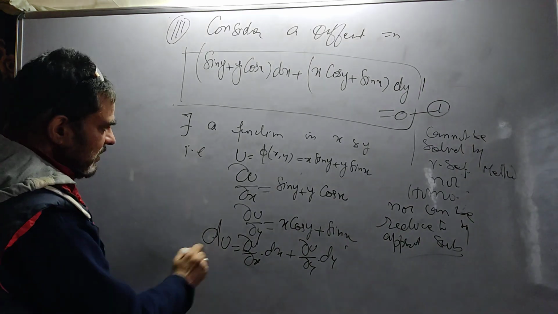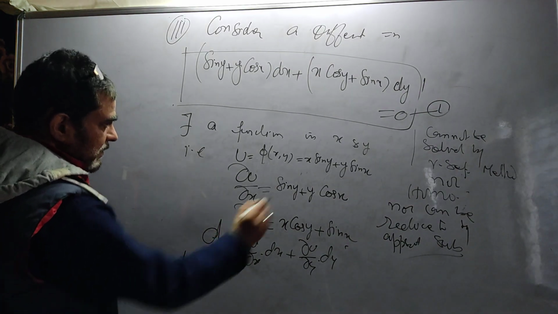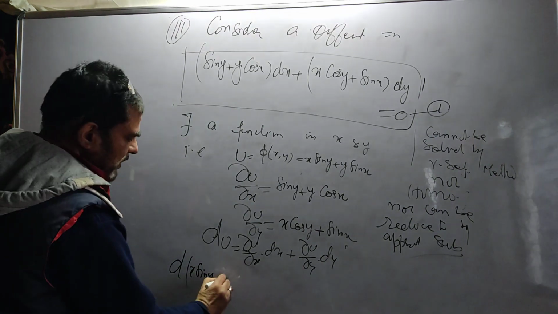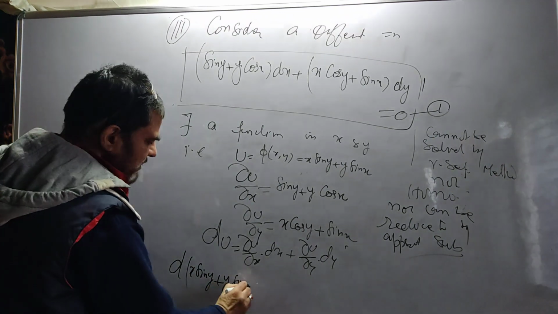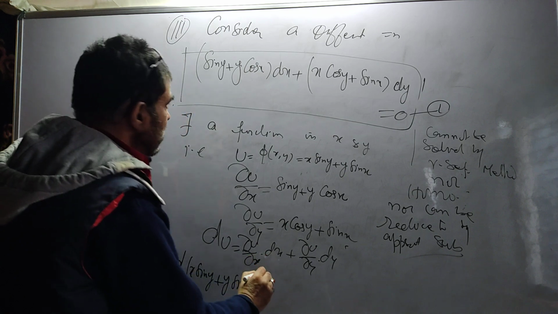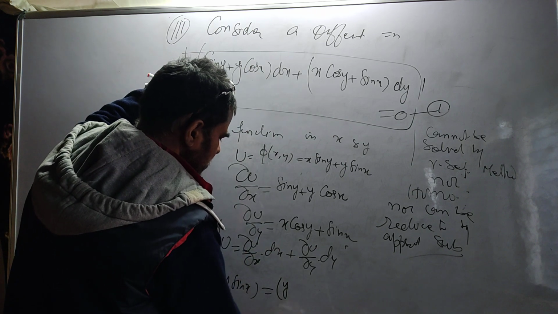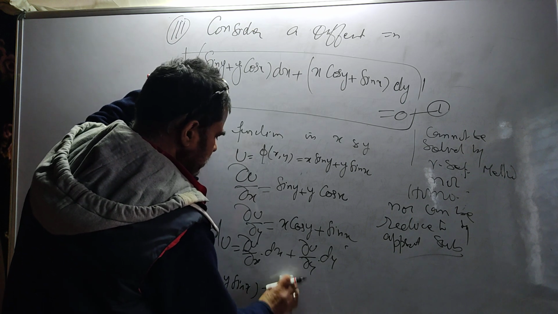You see, what is this d? It is the total differential of this x sin y plus y sin x. It is the differential equation now. This is sin y.